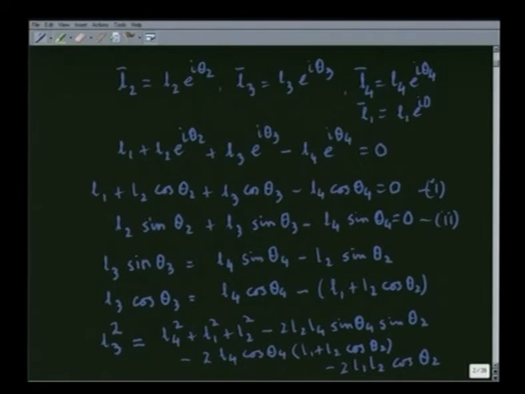Let me carry out this algebra a little further, and now onwards I will write capital C for cos and capital S for sin for brevity.